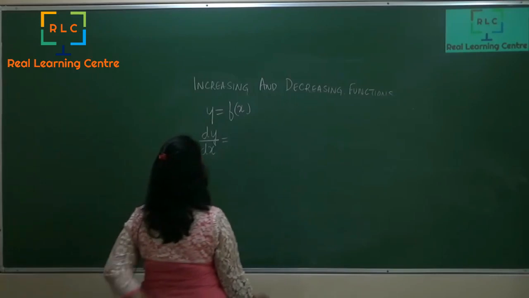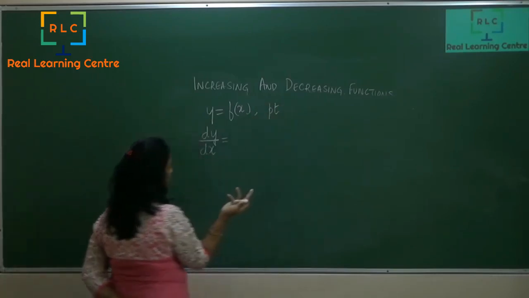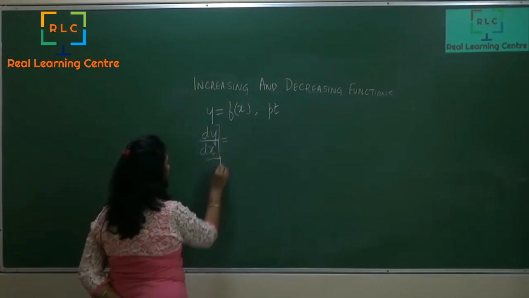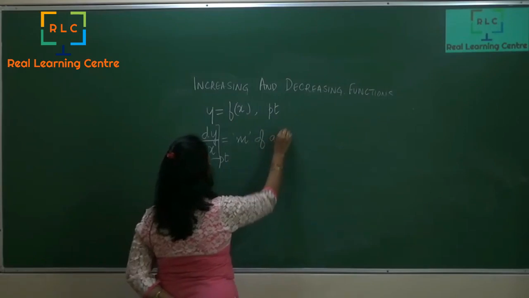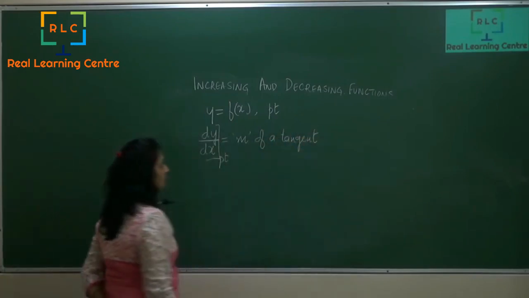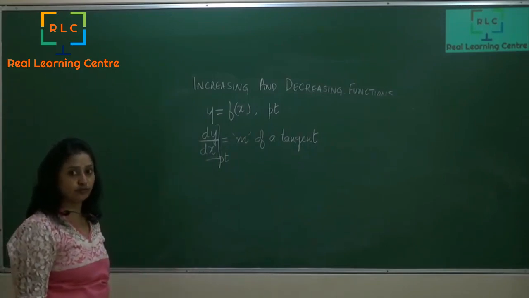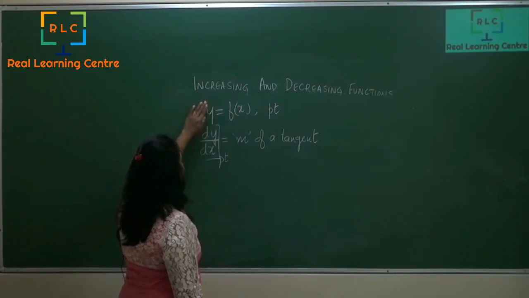See, whenever you differentiate and plug in the point, I would have given a certain point, some interval. When you plug in the point, dy by dx at the point always gives you the slope of a tangent. So what is the procedure that I should follow for increasing and decreasing? For the curve y is equal to f of x, you differentiate.